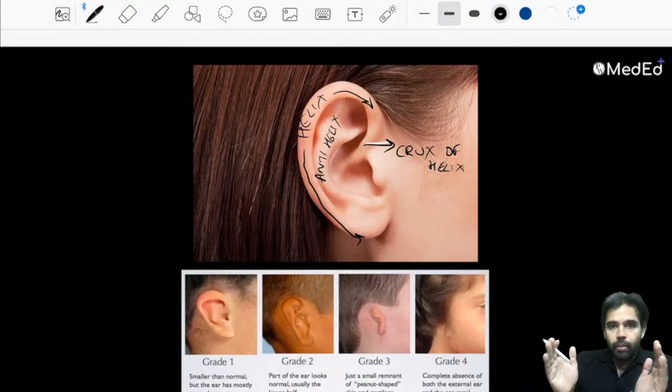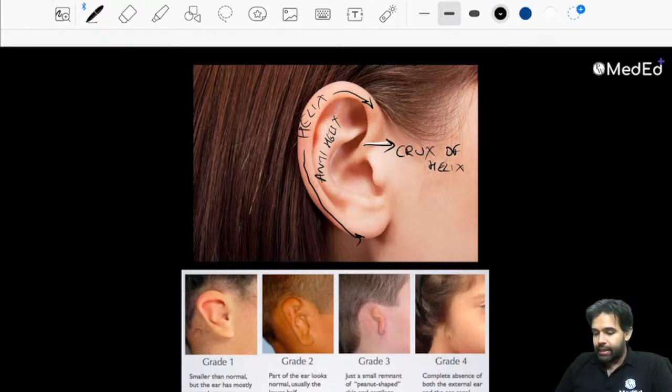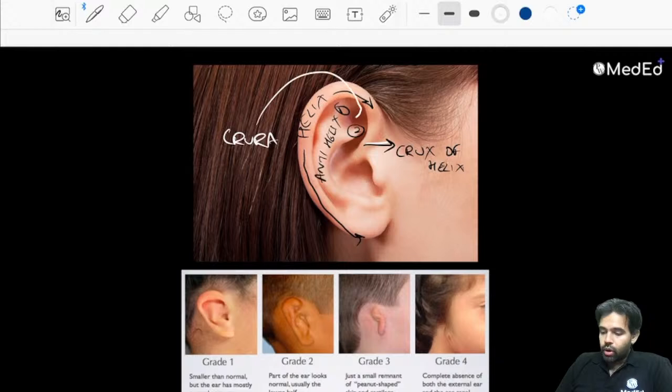Now, most of your ear deformities are between the helix and the anti-helix. Anti-helix has two crura, 1 and 2. These two are called crura, the crura of the anti-helix.